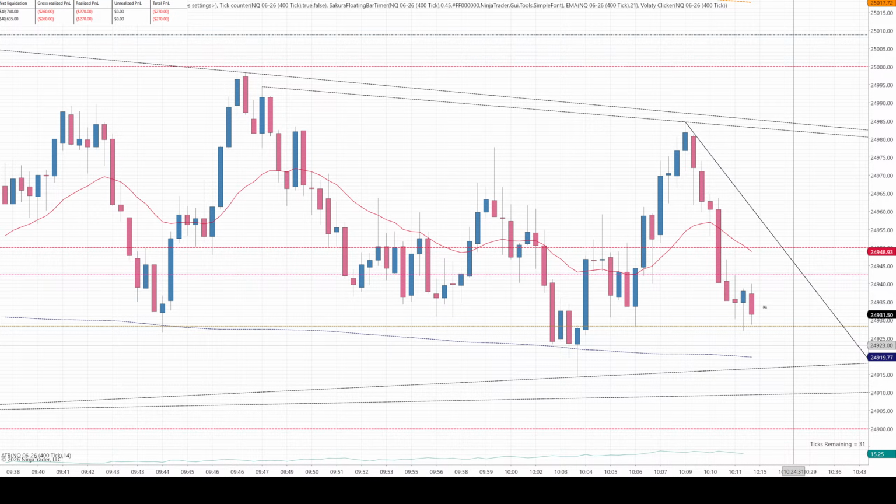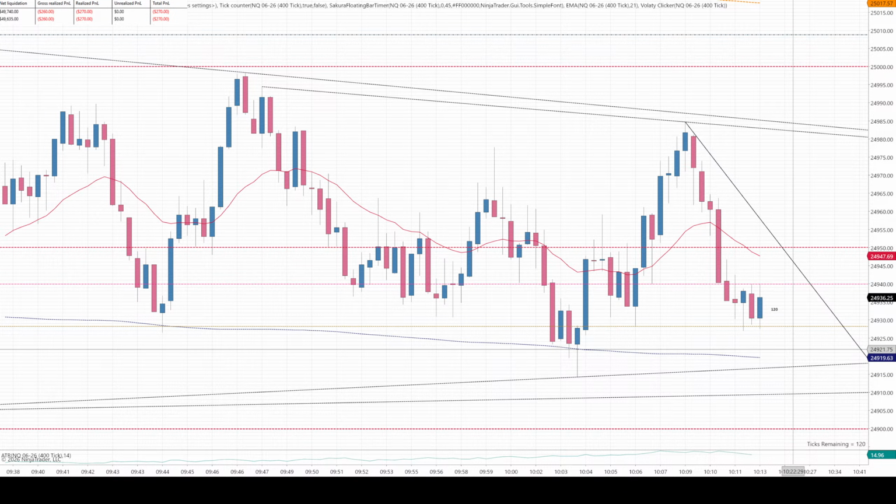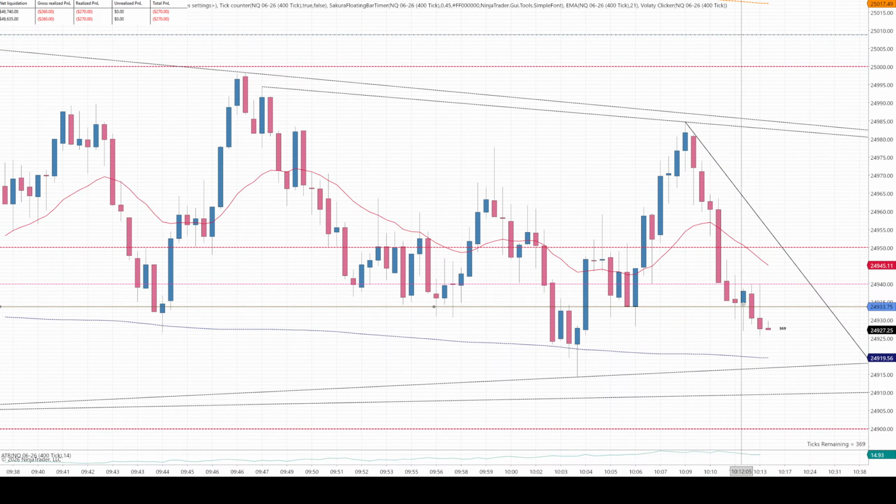Because there's a lot of ambiguity, you're getting this sloppy price action. Yeah, very sloppy price action.